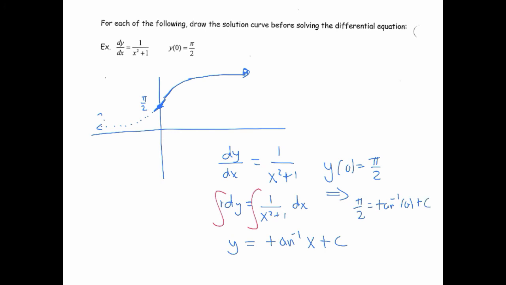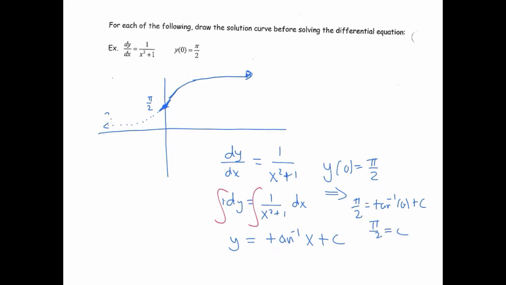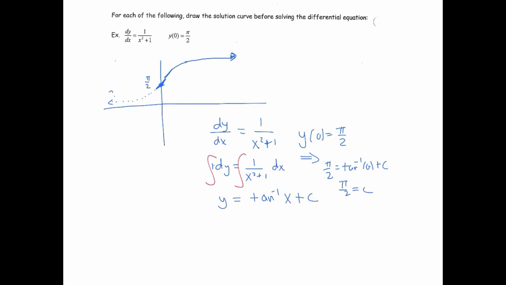Tan inverse of 0 is 0, so pi over 2 equals c. So that means that my function is tan inverse of x plus pi over 2.